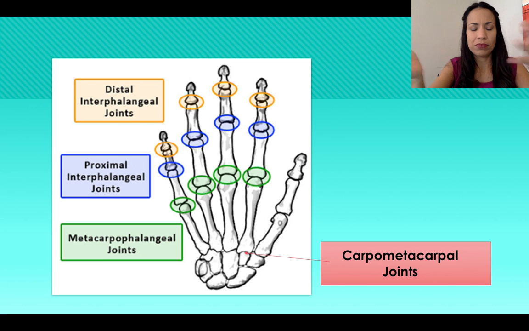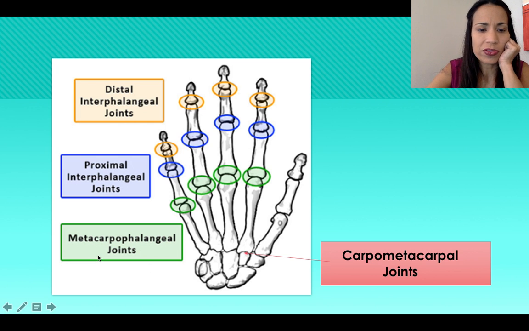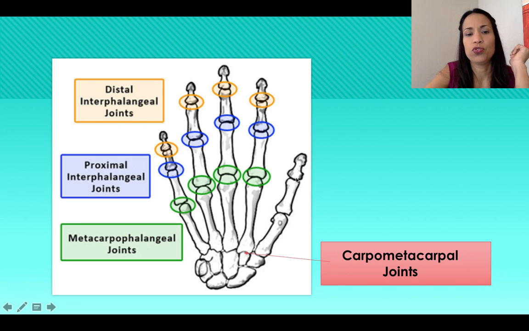You just have to name the two bones that are forming the articulation. So this is the carpometacarpal between the distal row of the carpal bones and the metacarpal bones. Then we have the metacarpophalangeal. These are your knuckles, and this one too. In blue, we have the proximal interphalangeal joints, and in yellow, we have the distal interphalangeal joints. On the thumb, on your pollex, we have only the green one, the metacarpophalangeal joint, and an interphalangeal joint.